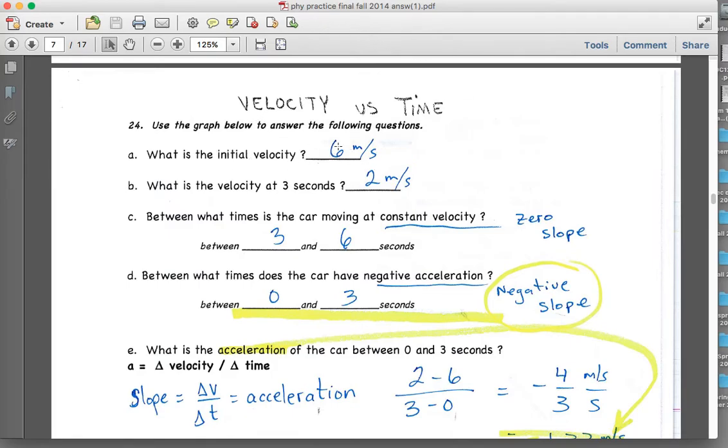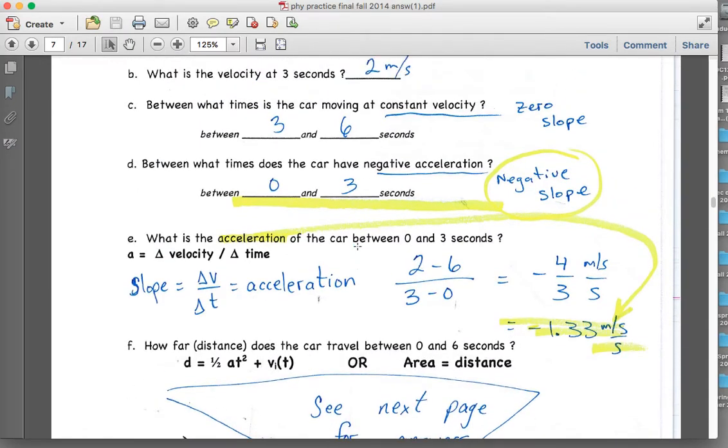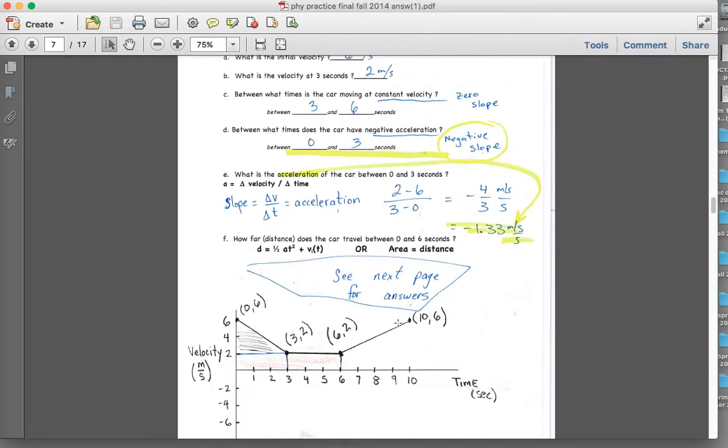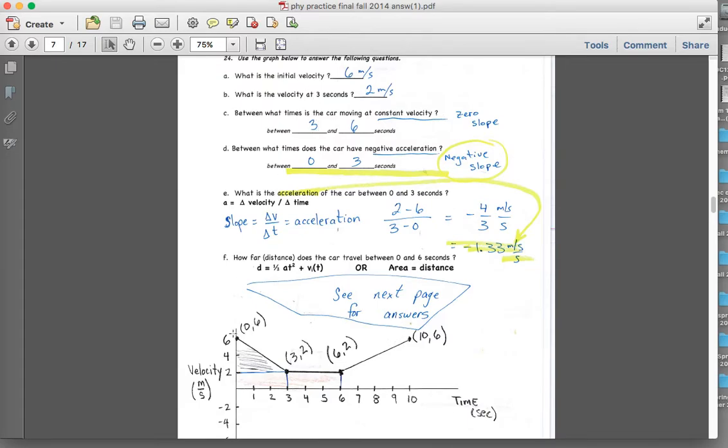Okay, initial velocity. Velocity is listed on that graph, so there wasn't any need to find slope or do calculations or anything like that. So initial velocity is just up here at 6. Velocity at 3 seconds, that's right here. At 3 seconds, my velocity is 2.